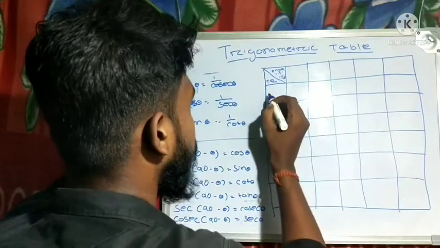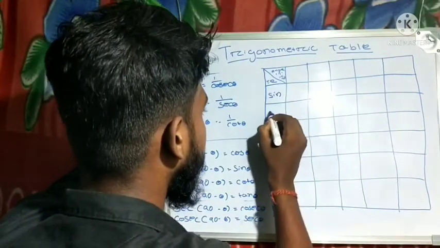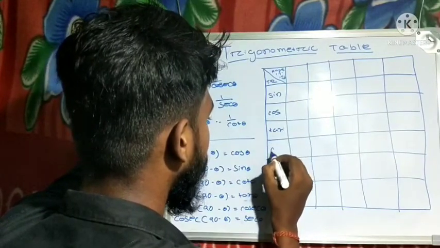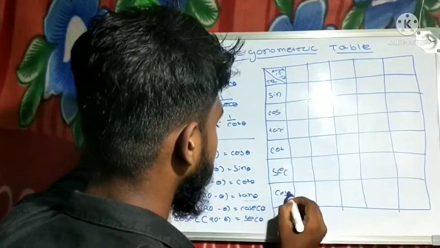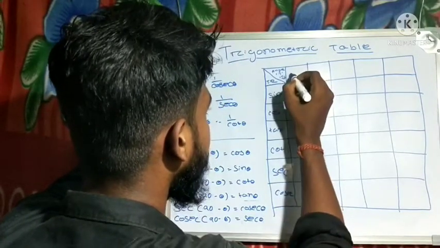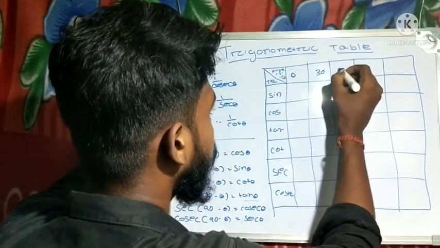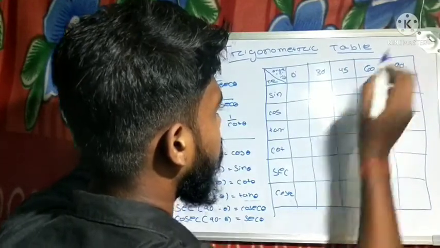We have to first write sine, cos, tan, cot, sec, cosec. First write it. Then this is 0 degree, this is 30 degree, this is 45 degree, this is 60 degree, this is 90 degree.